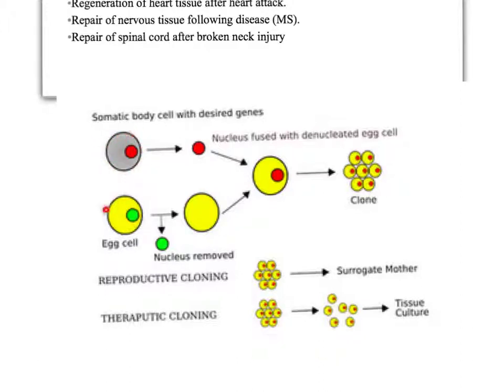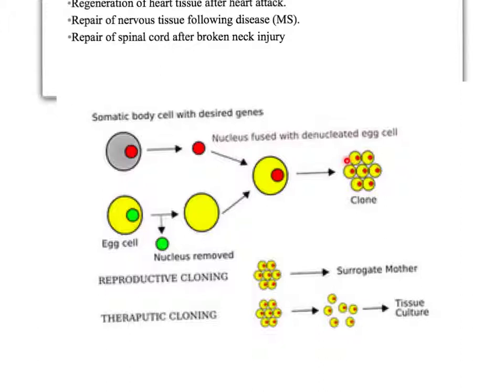Okay, we've also got an egg cell from the same species. We take the nucleus of the egg cell out, so we've got an empty egg cell, which is called an anucleated egg cell. We then take the nucleus out of our somatic cell. We then place the nucleus into our egg cell. We allow that egg cell to develop into a ball of cells.